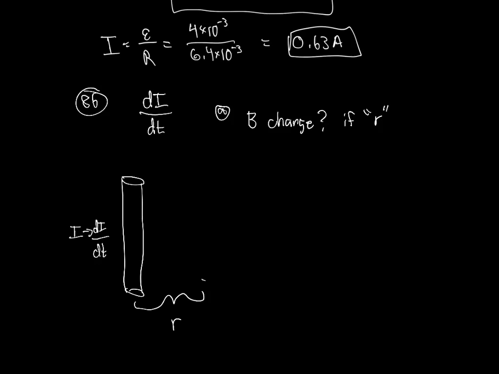So if I'm, say, over here. Let's say that the current, just for argument's sake, is going up. I'm going to add in a question here. Instead of just calculating the magnetic field change, I want to know what direction the magnetic field is going.